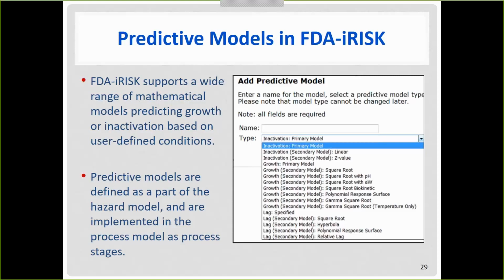For example, the square root model and the relative lag time model. When users define growth by predictive model, there is also an option to not include lag time. The predictive models are defined with a link to the hazard to be selected as a process step when users define the process pathway model.